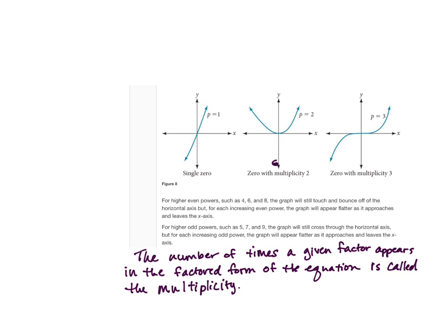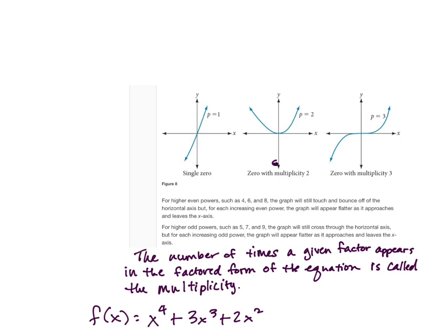Do you know what factored form means? You know the difference in factored form and standard form? Standard form is going to look like f of x equals x to the 4th plus 3x cubed plus 2x squared, blah, blah, blah. That's standard form.